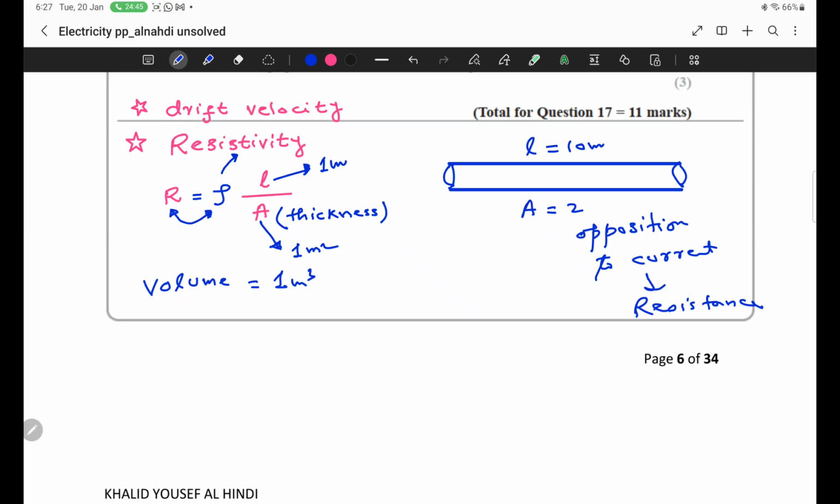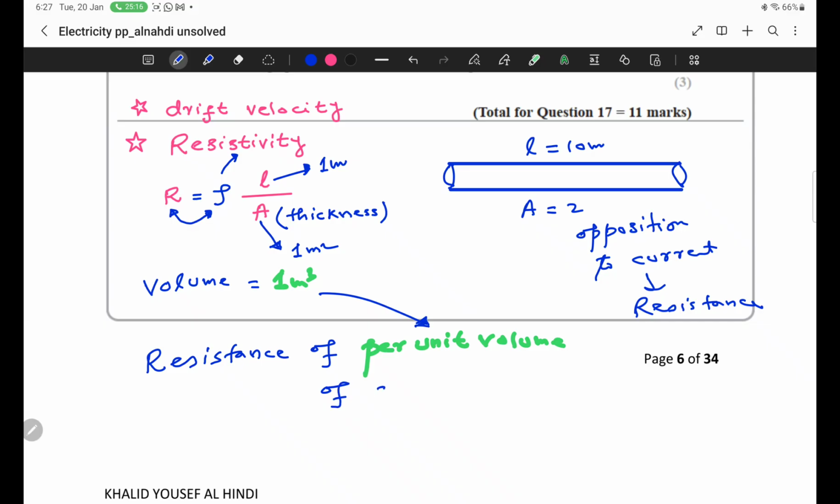And now, if you measure the resistance of this wire, now I am writing the definition: the resistance of per unit volume. You know, per unit volume means 1 meter cube. The resistance of per unit volume of a conductor is called resistivity.